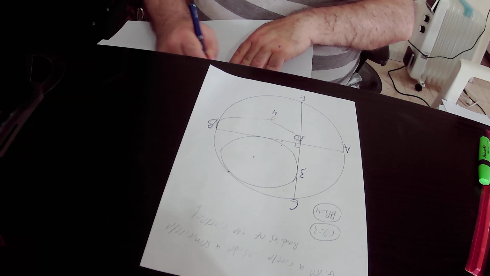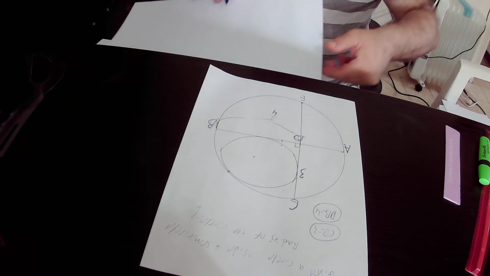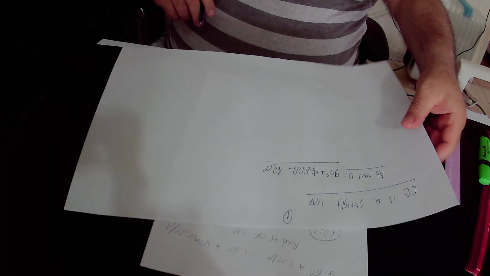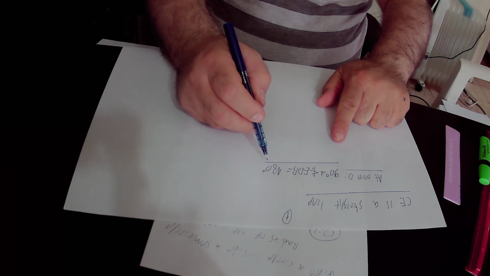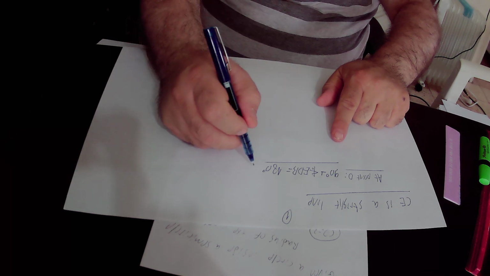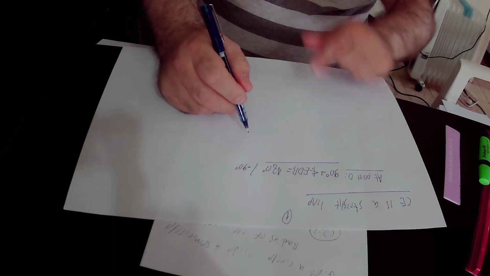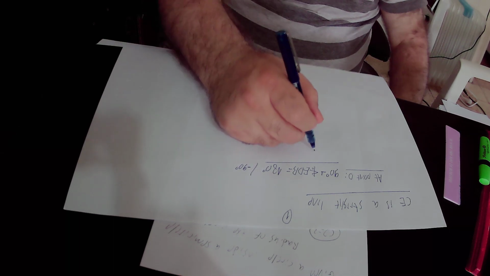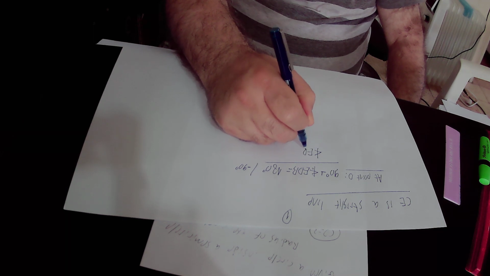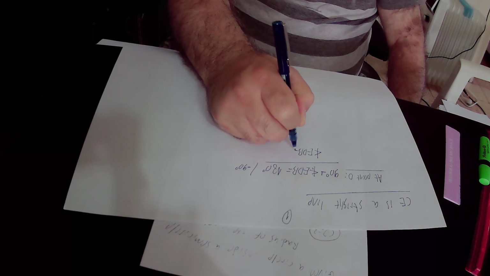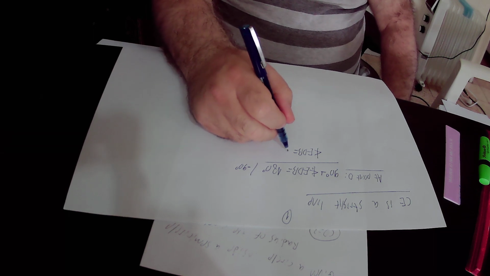According to the rule that the sum of the angles on one side of a straight line is equal to 180 degrees, we have 90 degrees plus angle EDB equal to 180 degrees. We subtract 90 degrees from this equation, and we get that angle EDB equals 180 degrees minus 90 degrees, it is 90 degrees.